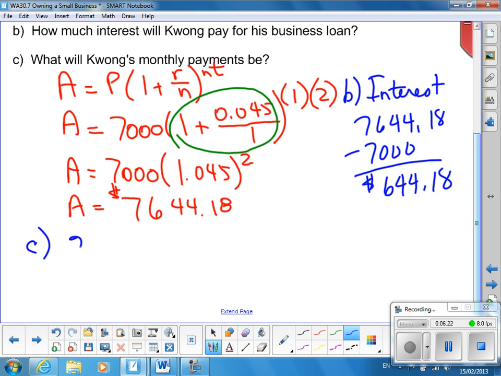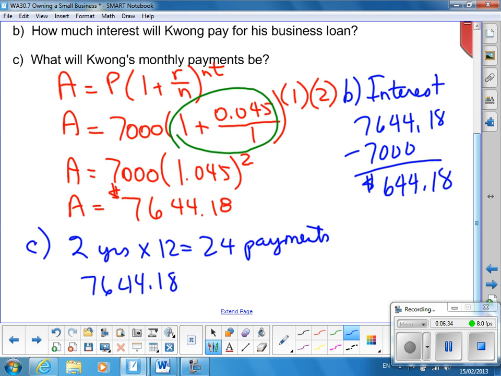Well, you are borrowing for 2 years times 12 months per year, so 24 payments. 7,644.18 divided by 24 will be $318.51, which is your monthly payment.